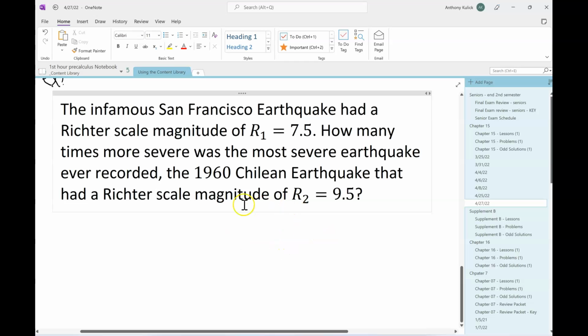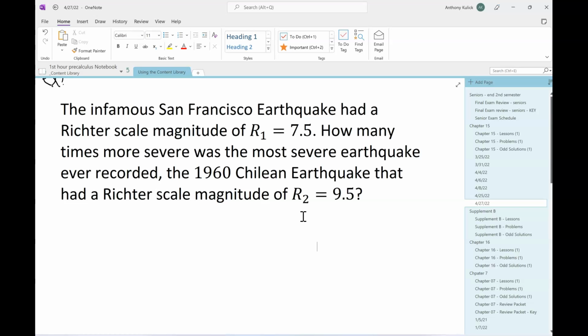How many more times severe was the most severe earthquake ever recorded? That's the Chilean earthquake that had a Richter scale magnitude of 9.5.